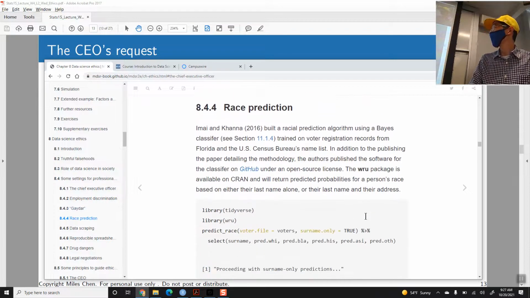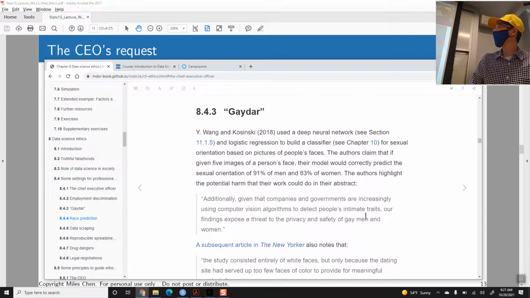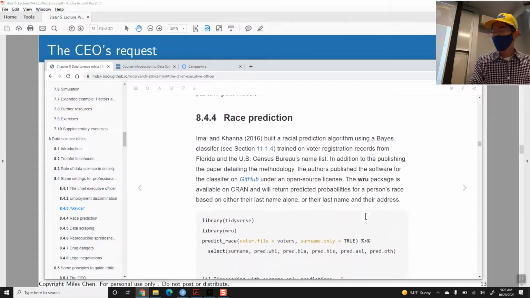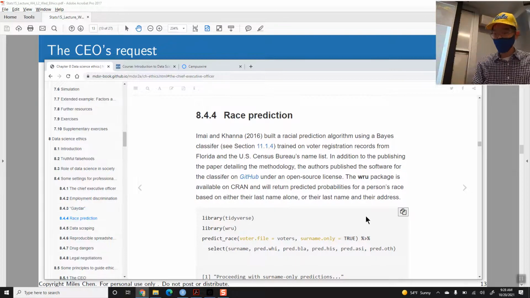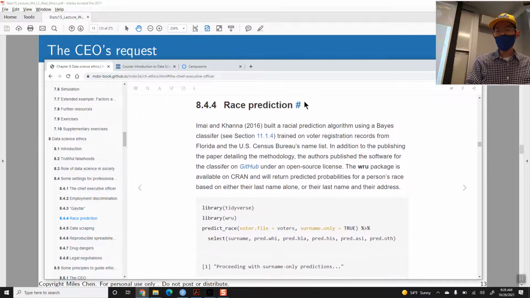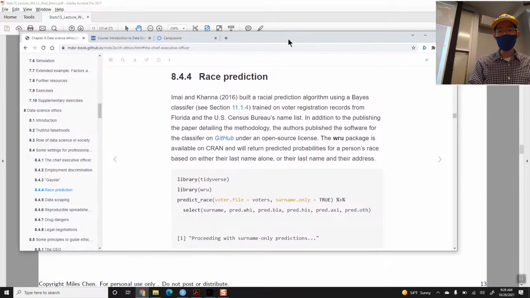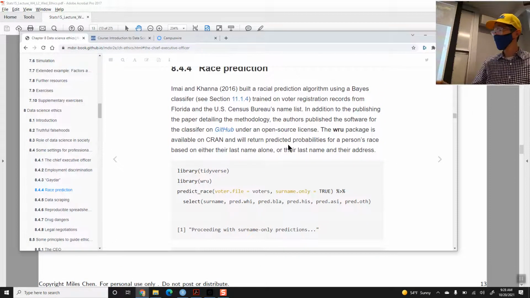Similarly, there are a lot of questions. This one is trying to identify sexual orientation based on a picture. This one is something similar but a little bit different. People have built a statistical model, and the results are actually available as a package that you could download on your own computer, and this will try to predict a person's race based on their last name.